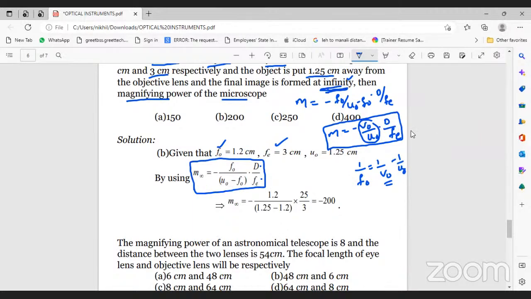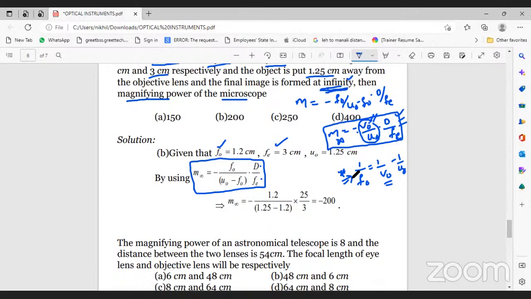So what I'm teaching, first I'm teaching the standard method. You know the standard formula for magnifying power of the compound microscope when the image is formed at infinity, that is minus V naught by U naught into D by Fe. In this, all parameters are given, but V naught is not given. To find V naught, you have to make use of the lens formula. You are familiar with the lens formula, right?